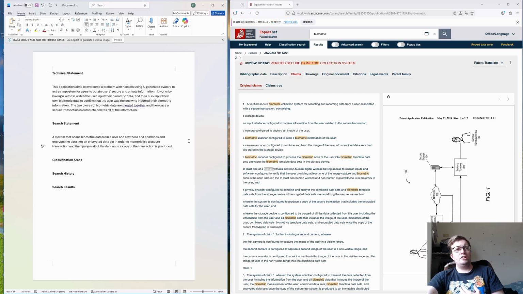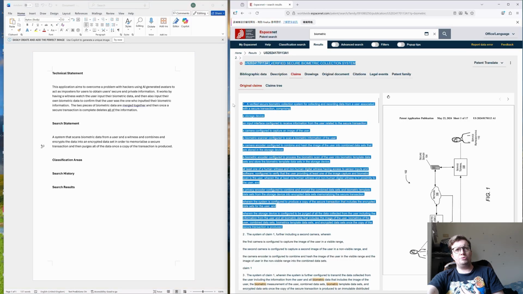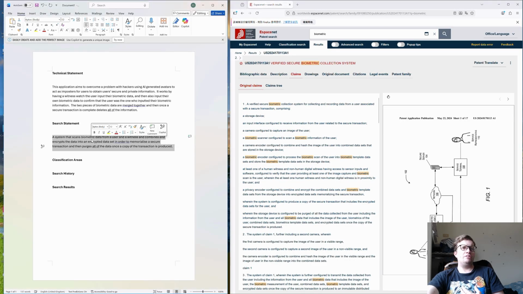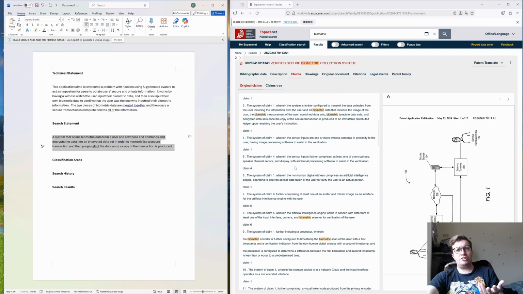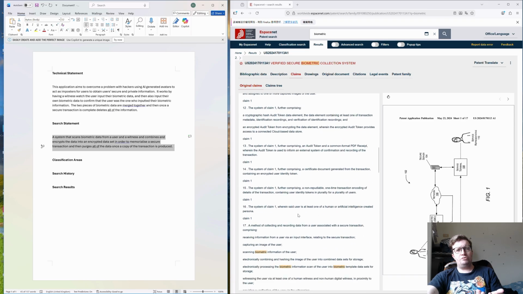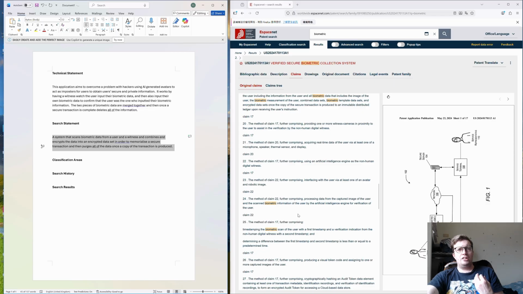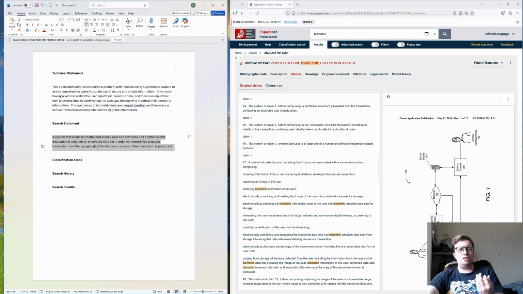So you can see it looks quite different to claim one, but I would be confident that if I could find that, then whatever is in claim one would have been met, right? That's kind of the idea. If I find this, I've basically found claim one. Now I would also be looking through the rest of these claims because I'm also looking for other features, so we can say system or method, because there's also a method claim.